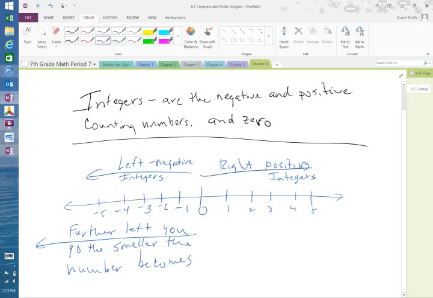The further left you go, the smaller the number becomes. So -99 would be smaller than -2 because it's further left on the number line.